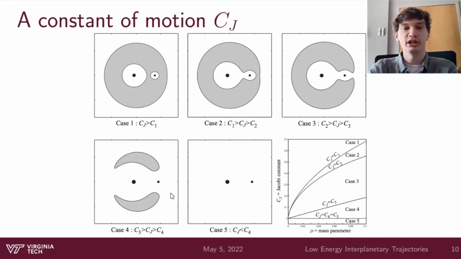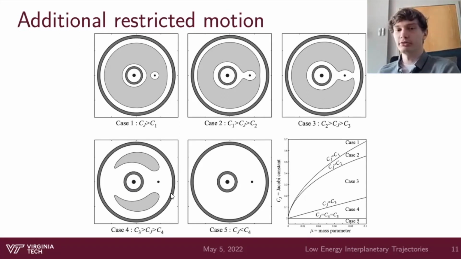However, in 1969, McGehee also proved that under certain energy restrictions, there are additional tori in the four-dimensional phase space that, when projected into configuration space, appear as annulus or annuli. And these are a bit different than the forbidden realm. In the case of the forbidden realm, you just can't touch it.